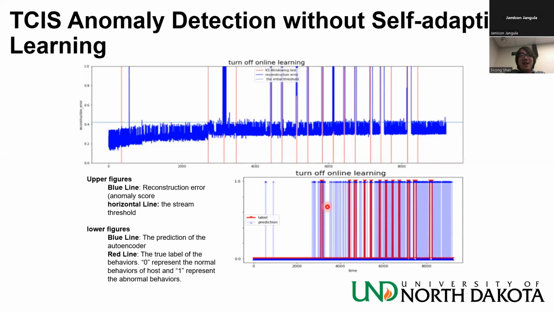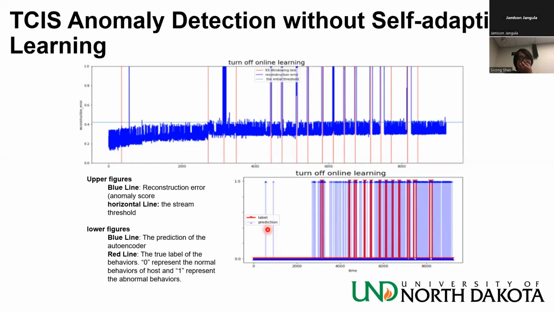But when the attack happened here, we launched around 13 different cyber attacks. Most of them are host-level attacks, and some of them are insider threats. They are different attacks.